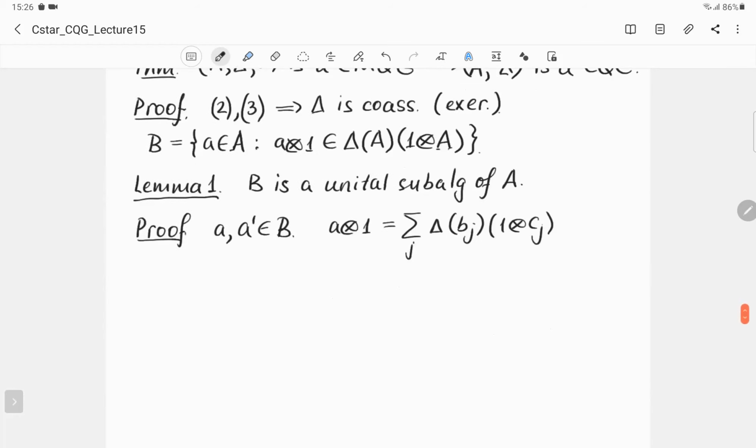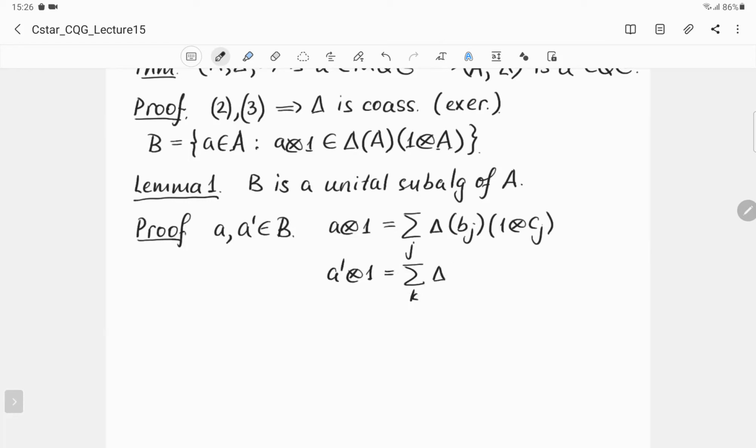And similarly, we can write a prime tensor 1 in a similar way, as the finite sum over k, delta of bk prime multiplied by 1 tensor ck prime.